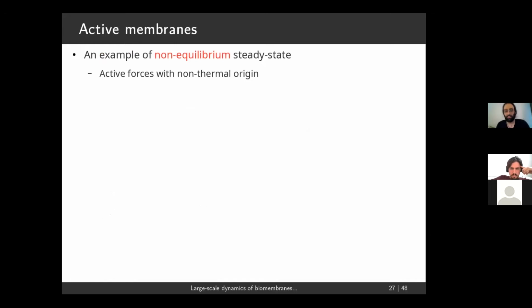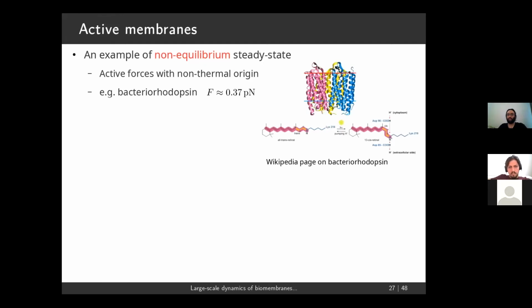So as I claimed or mentioned, we need the kinetics, especially for non-equilibrium cases, and it is only fair to also put that to test. And one interesting non-equilibrium steady state case which comes into play when we have membranes is where we have non-thermal forces acting on it.